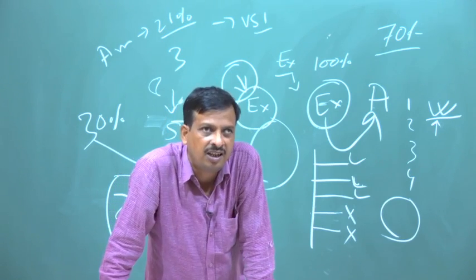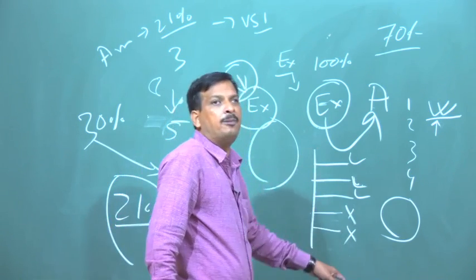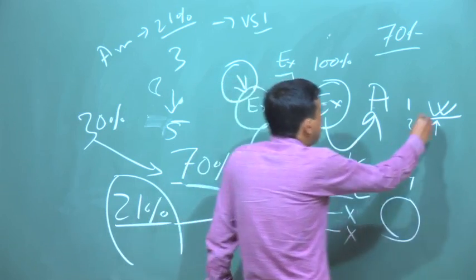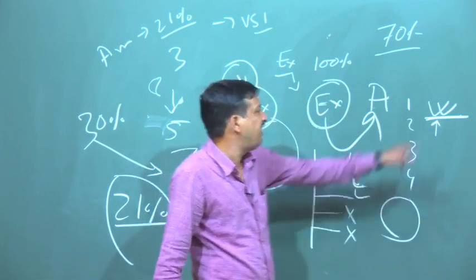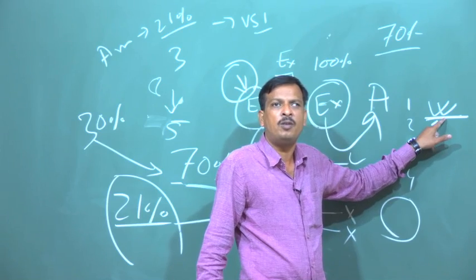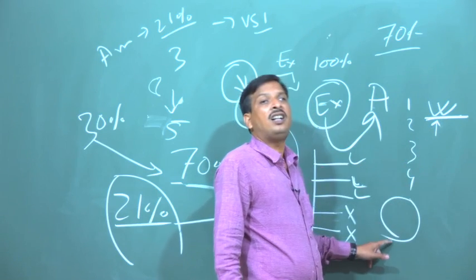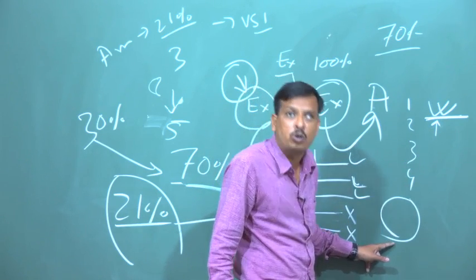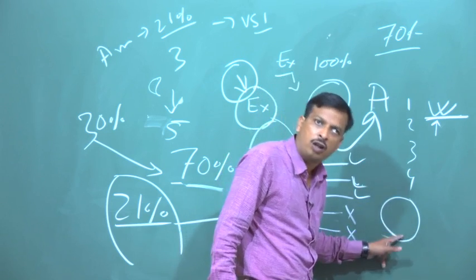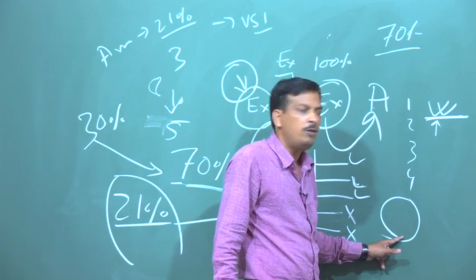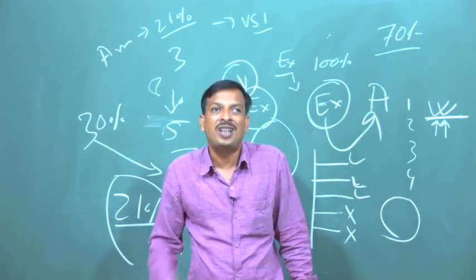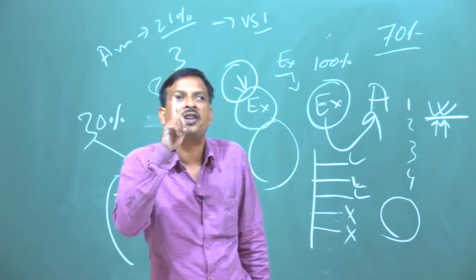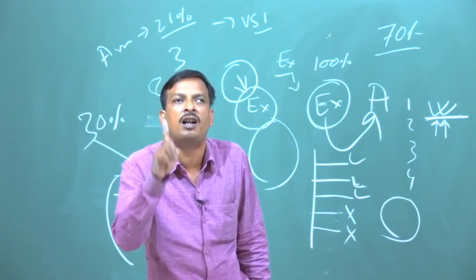So, as a teacher, I should take the feedback that either this outcome is not achievable, so I can redesign the outcome, or the teaching learning process which I am using is not suitable for developing that skill. That is the part of the reinforcement of teaching learning.